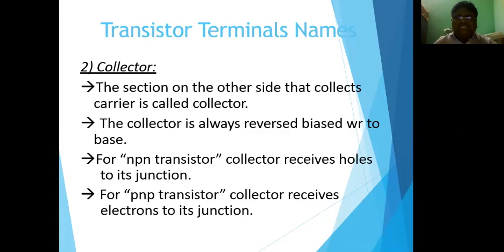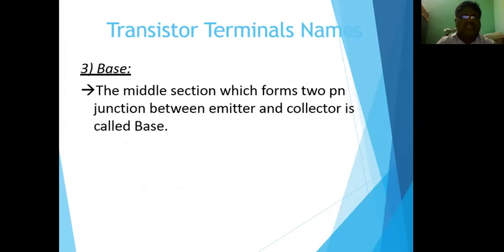Please remember, the collector collects carriers. The collector is always reverse biased with respect to the base. For an NPN transistor, the collector receives electrons at its junction. For a PNP transistor, the collector receives holes at its junction.